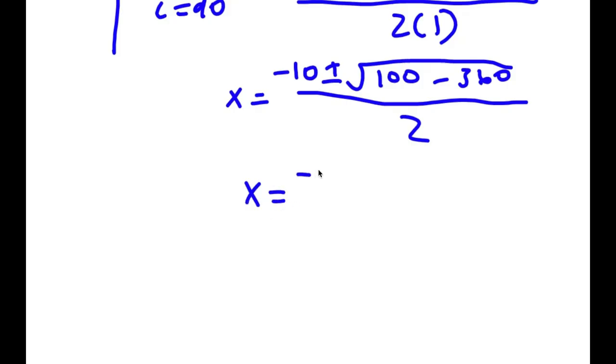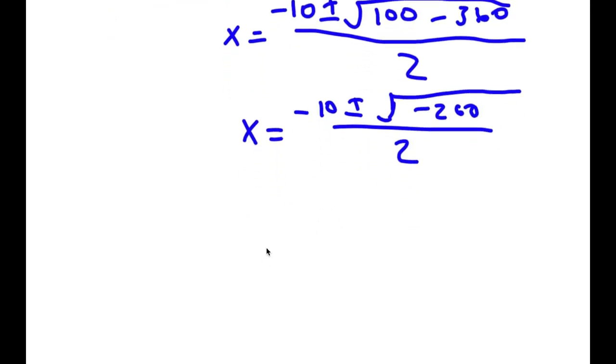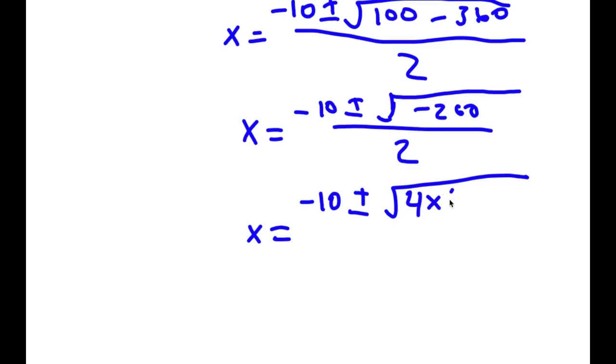Now I have x is equal to negative 10 plus or minus the square root of 100 minus 360 is negative 260, divided by 2. Now x is equal to negative 10 plus or minus the square root of negative 260. This is equal to 4 times 65 times negative 1. You're dividing this by 2.